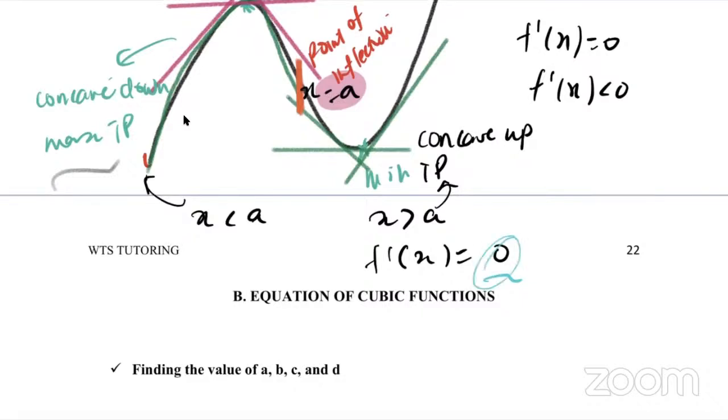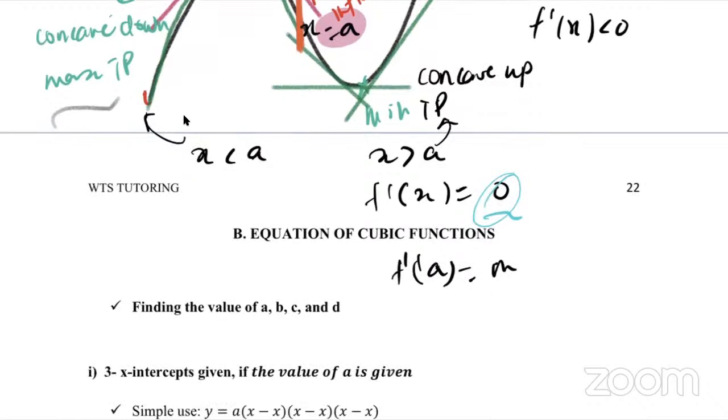We've talked about this, that if we have f prime of a equals m, the a here is the value of x of your turning point, key, right? So if I say f prime of x is equal to 0, I'm literally saying this is my gradient, that's my slope. But it's a slope at the value x equals a.